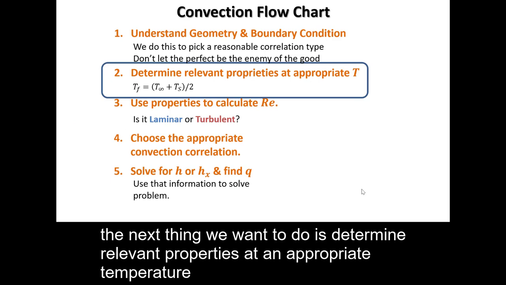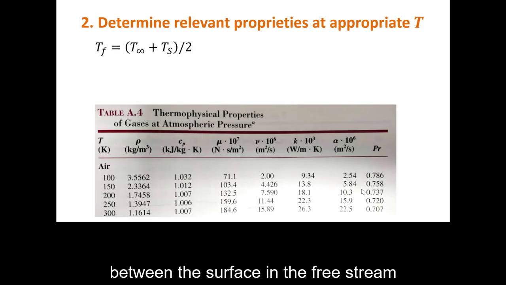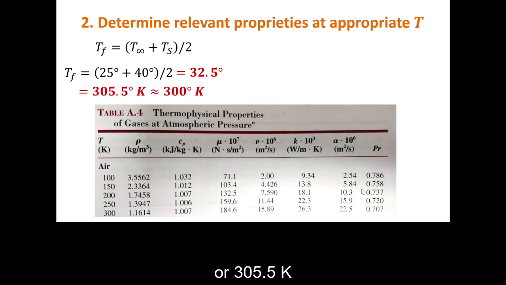The next thing we want to do is determine relevant properties at an appropriate temperature. Again, the temperature we'll use is the average temperature between the surface and the free stream. In this case, that temperature is 32.5 degrees, or 305.5 degrees Kelvin.